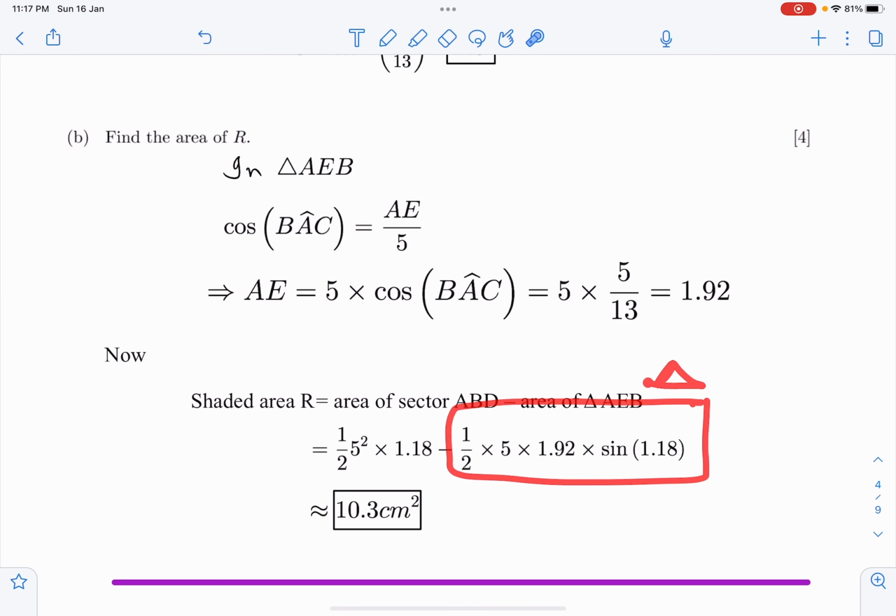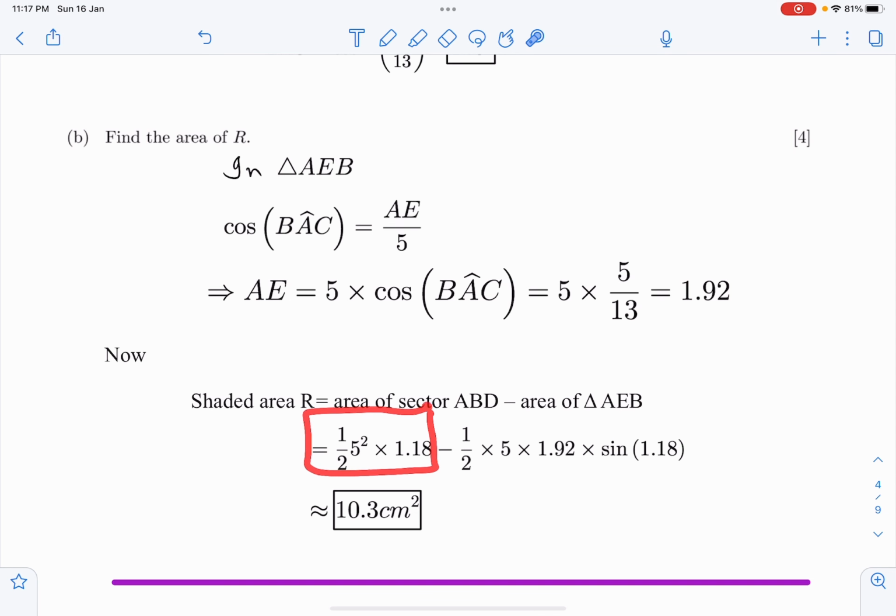This is the area of the sector. After subtracting, my final answer is 10.3 centimetres squared.